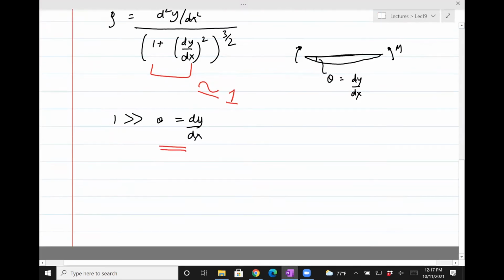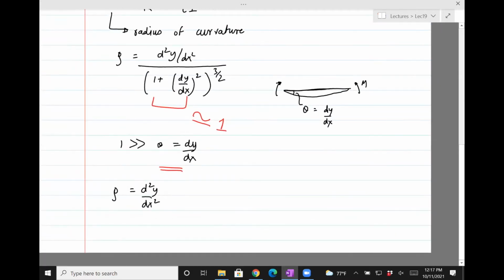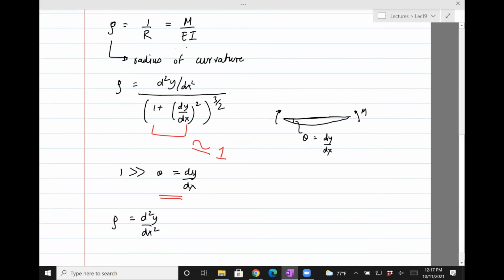And so I can write rho equals d squared y by dx squared. And if I plug that back in this formula, I have that equal to M divided by EI.